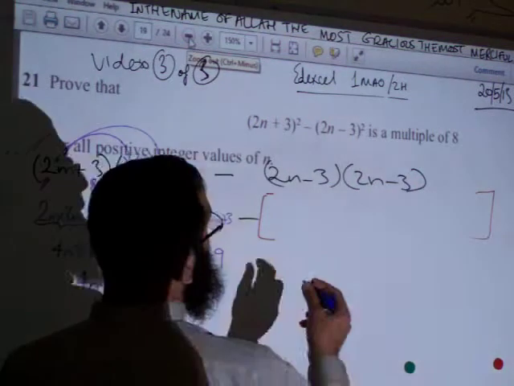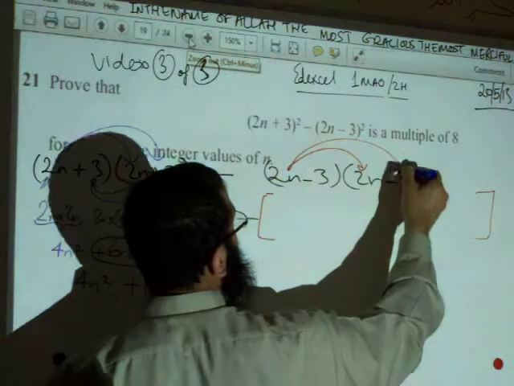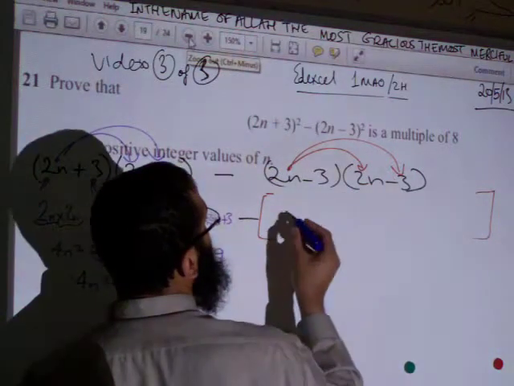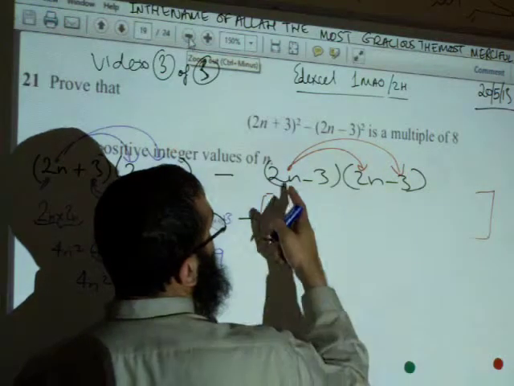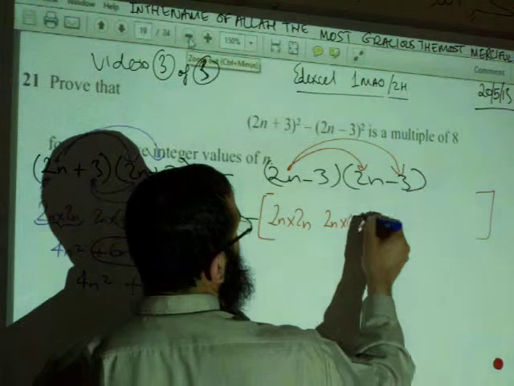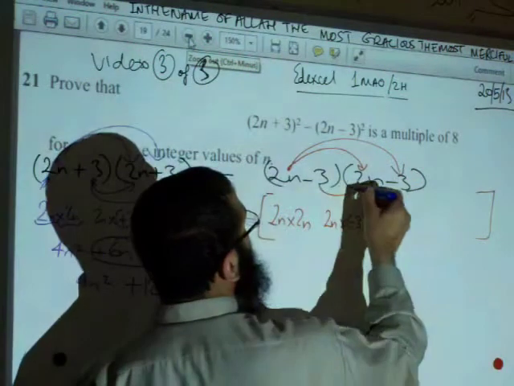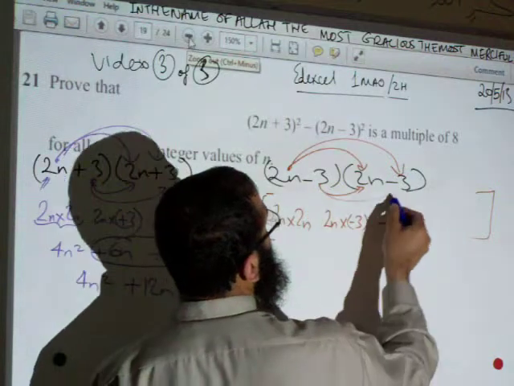Right, so we have now, start from here, we multiply this out. 2n times by 2n. And then we have 2n times by minus 3. And then we have minus 3 times by 2n. And then we have minus 3 times by minus 3.